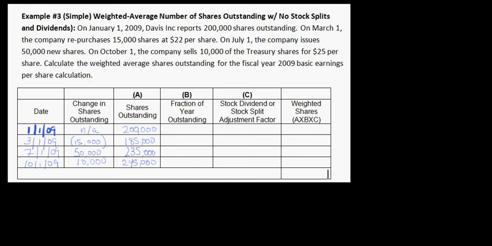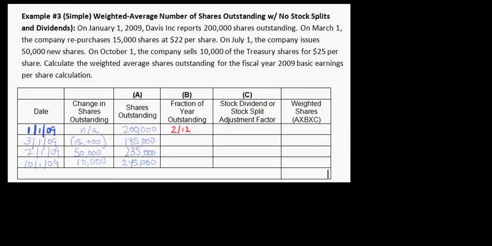So if we're outstanding all of January 09 and February 09 up to March 1, that's 2. And actually let me grab a different color just to keep it exciting. And I'll up the pen size a little bit. Alright, so that's 2 out of 12 months. So we'll start with March 1st.